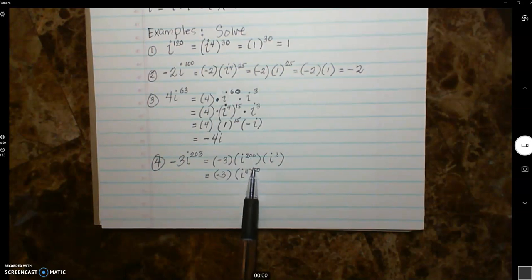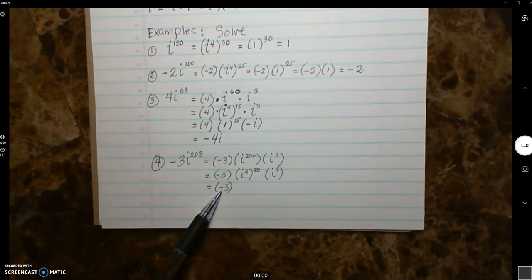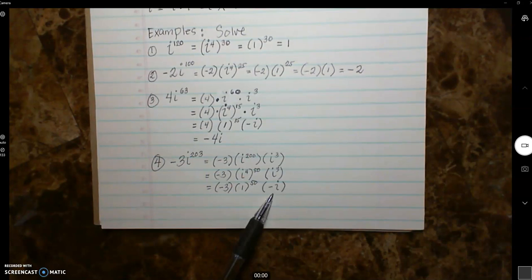Express your i to the 200 using power of powers, which is i to the 4th, all in parentheses, to the power of 50, where the product is 200. Then copy down i to the 3rd, negative 3. i to the 4th is equal to 1, to the power of 50. i to the 3rd is negative i. Then we will solve. Negative 3 times 1, that's just a 1, times negative i is positive 3i.